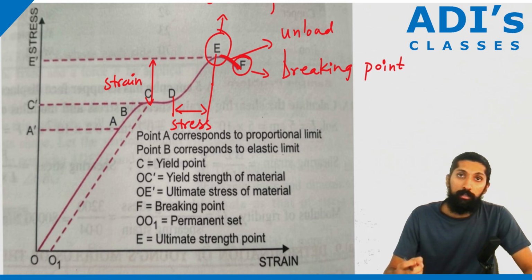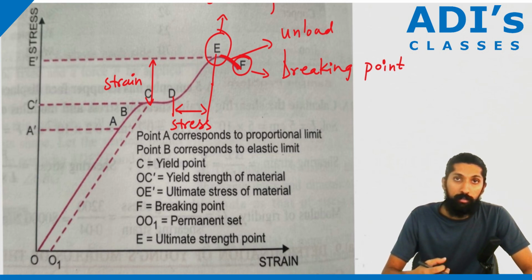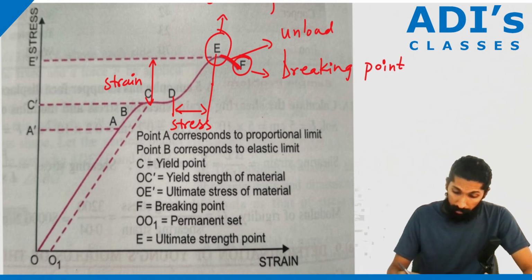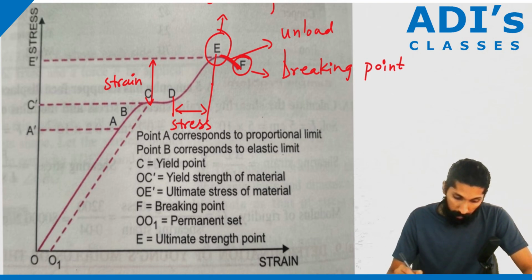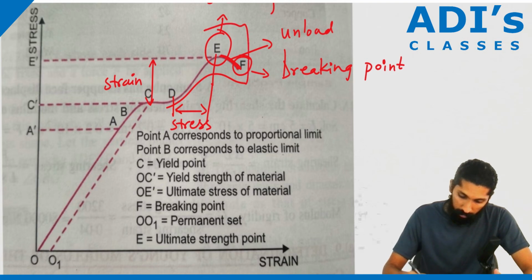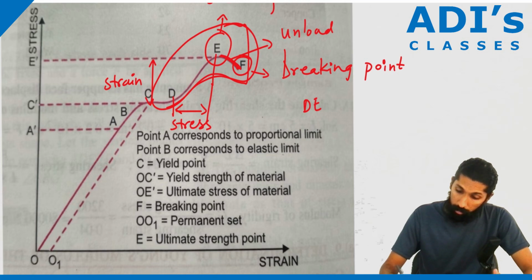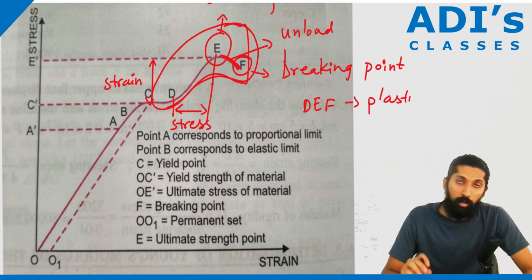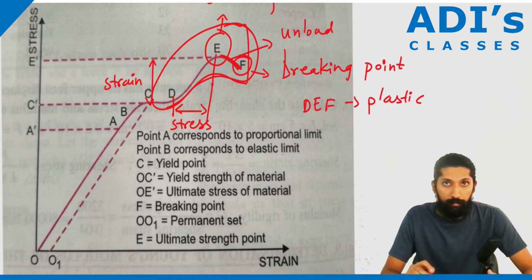The wire or the spring is going to start thinning, and as it thins out, because of that expansion, the spring is going to cut, and that point is point F. So remember this portion DEF, this DEF region shows the plastic behavior of the wire or the plastic behavior of the spring.